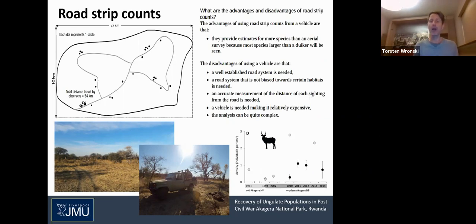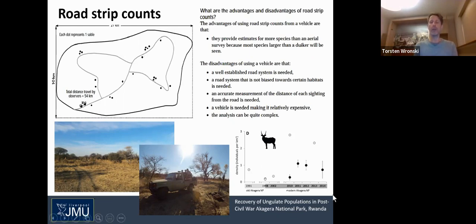Therefore, higher costs are involved than during drive counts or point counts. And the analysis of road count data is pretty complex, because we would have to subdivide the road counts into several parts due to changes in the vegetation.